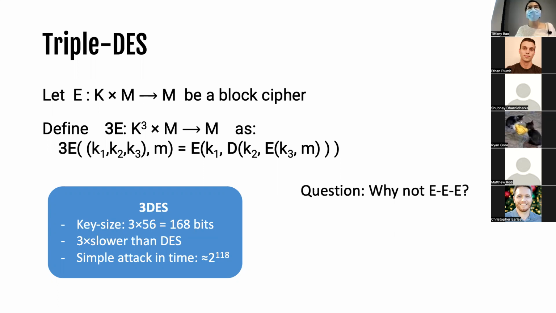Can you think about that? And I can tell you that this is nothing about security. This is more about something practical, like EDE is going to be more practical or more reasonable compared to EEE, like encrypting three times. Can you guys think about the reason why?